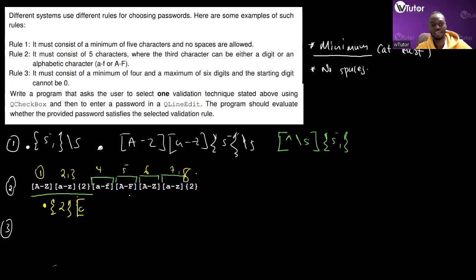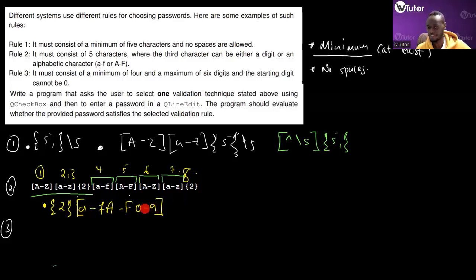And say it can be A to F, or A to F uppercase, or a digit, or 0 to 9, all in 1 square bracket. That's what it means. So this then means lowercase a to f, or uppercase A to F, or 0 to 9.